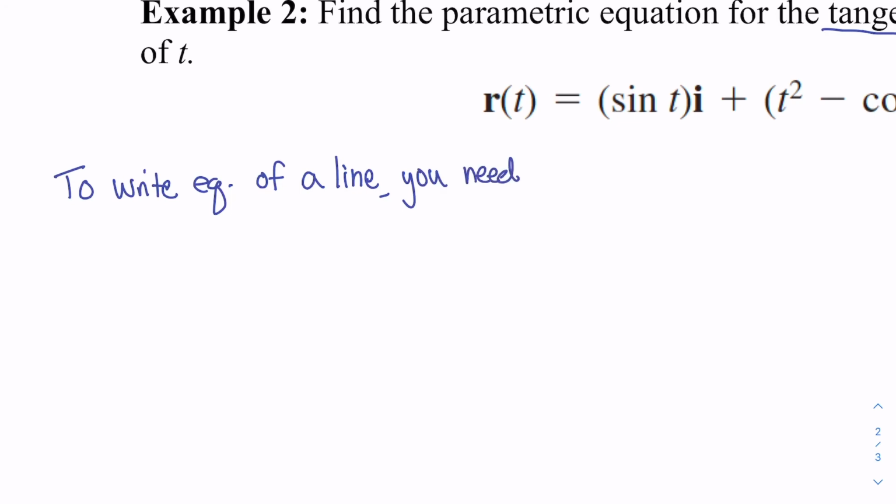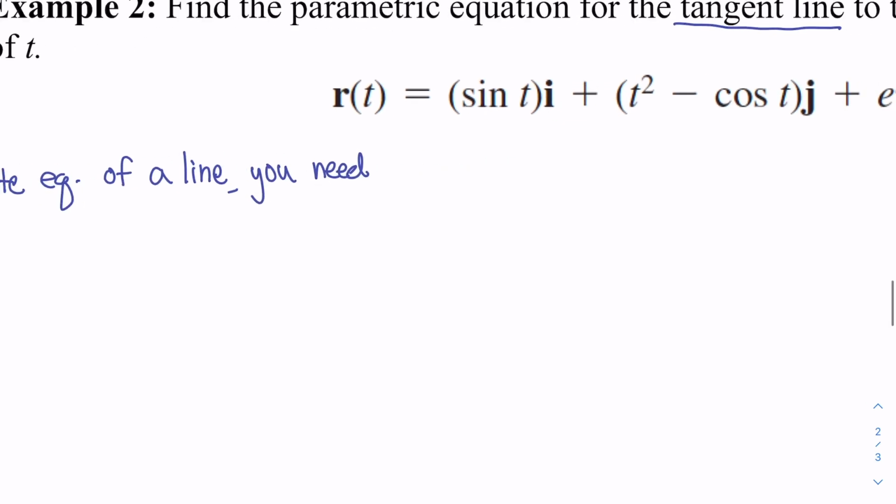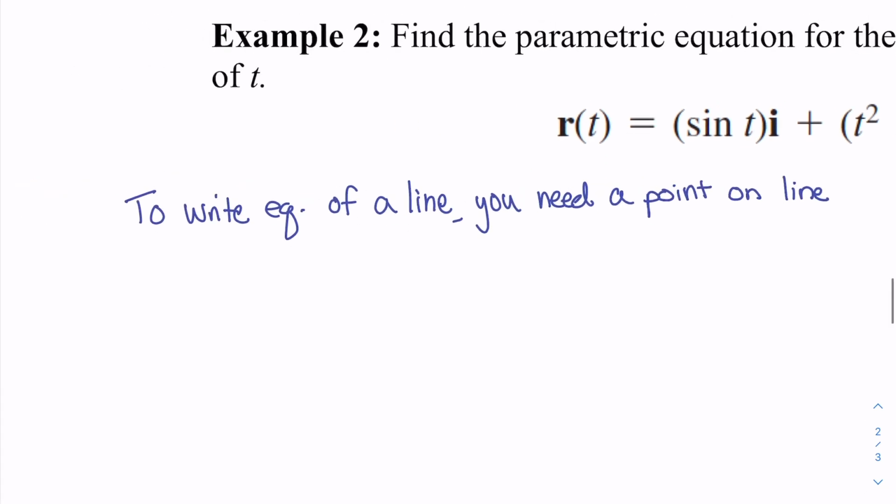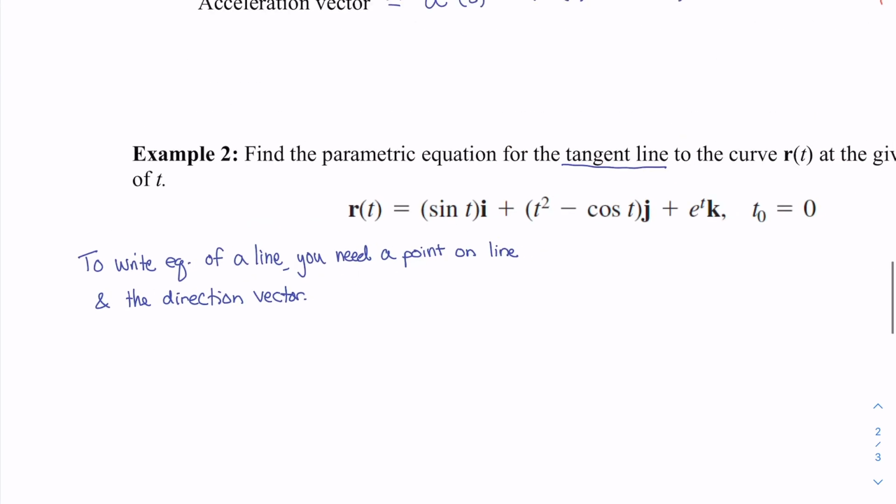You need a point on the line and the direction. So we need to find those two things.